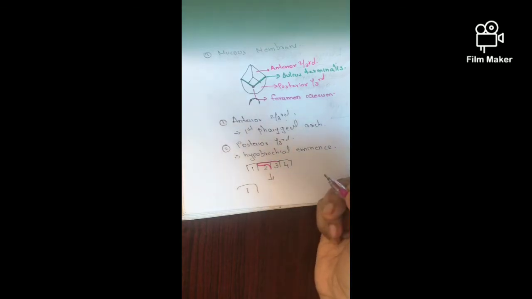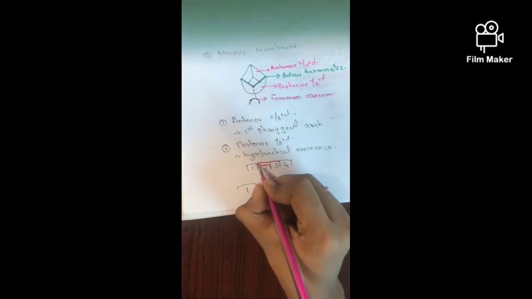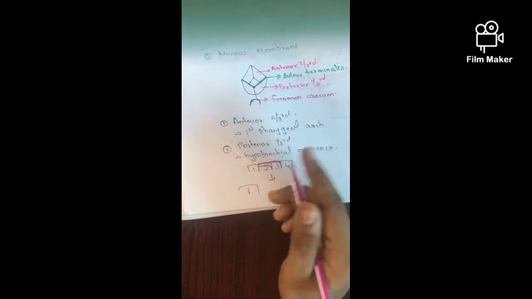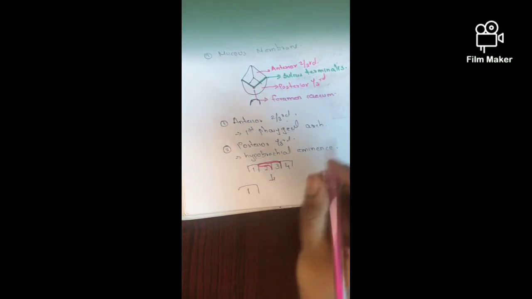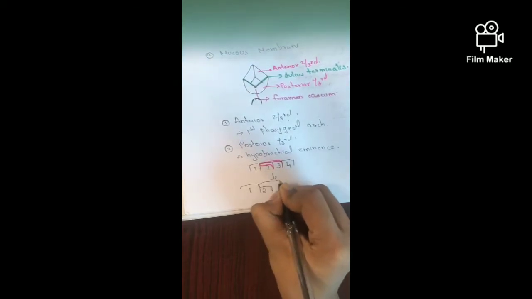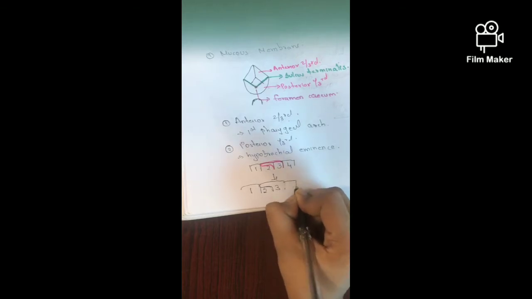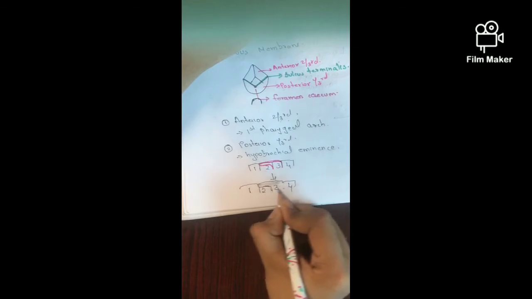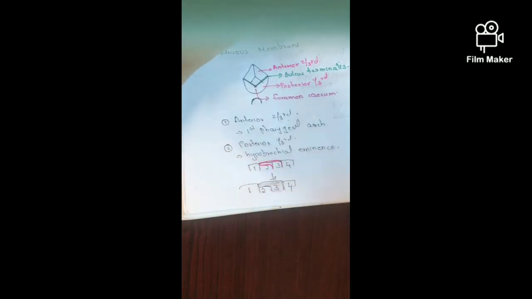The second pharyngeal arch gets embedded below the third pharyngeal arch. So the diagram would appear like this. This shaded portion is the third pharyngeal arch.